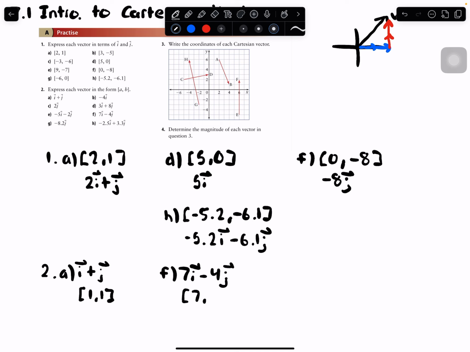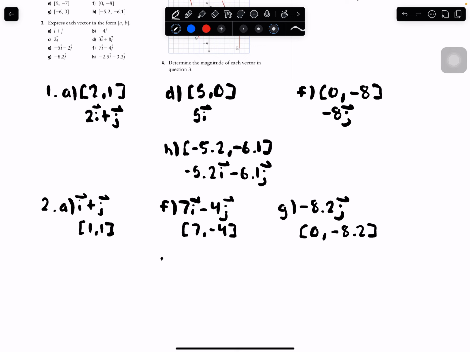That would be the vector 7, negative 4. Let's do G, negative 8.2j. That would be the vector 0, negative 8.2. And let's do H, negative 2.5i plus 3.3j. Make sure to add your vector arrows on top. That's expressed as negative 2.5, 3.3. Nice.